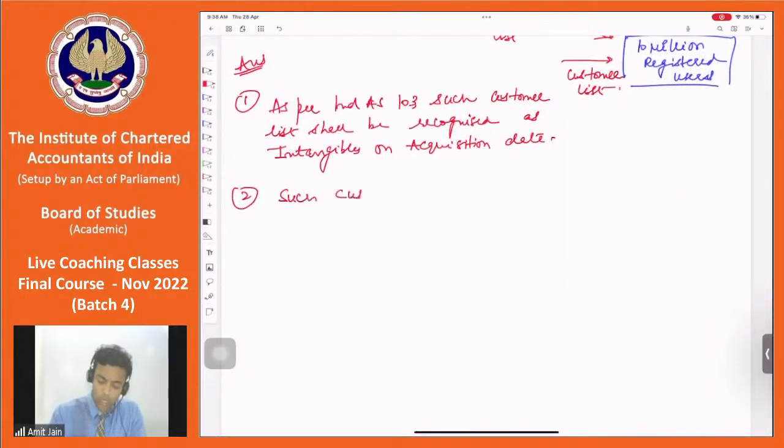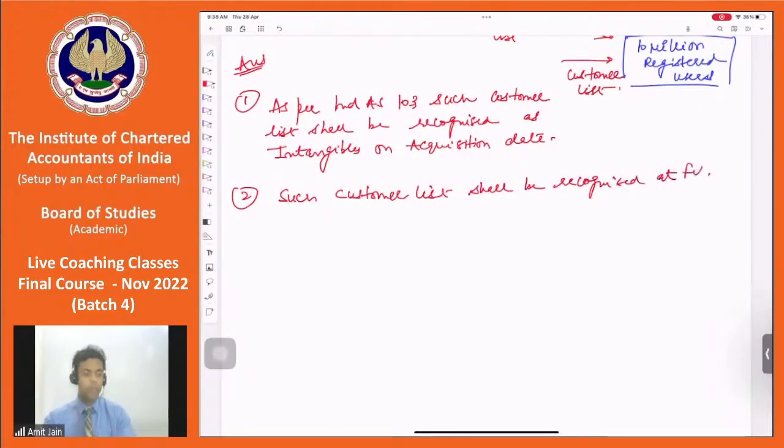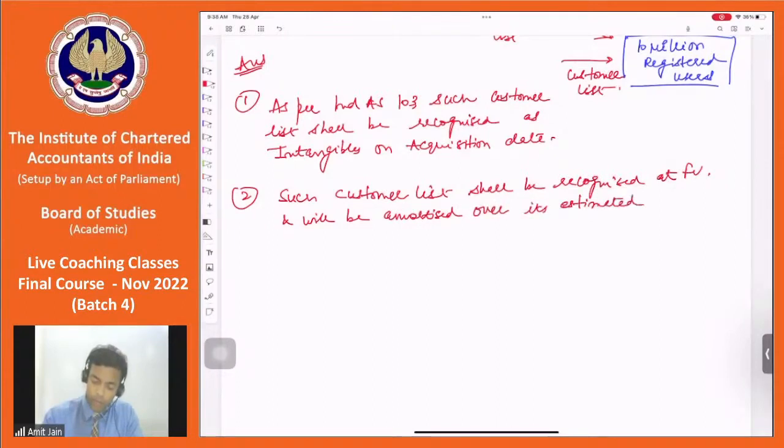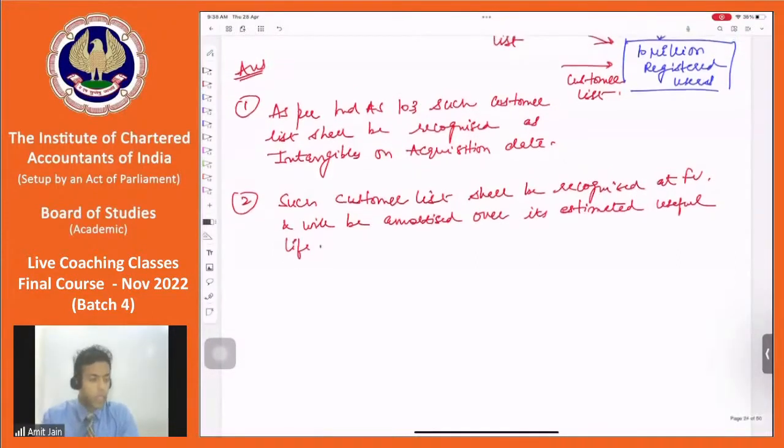Such customer list shall be recognized at fair value and will be amortized over its estimated useful life. Useful life. This will be the answer in this case.